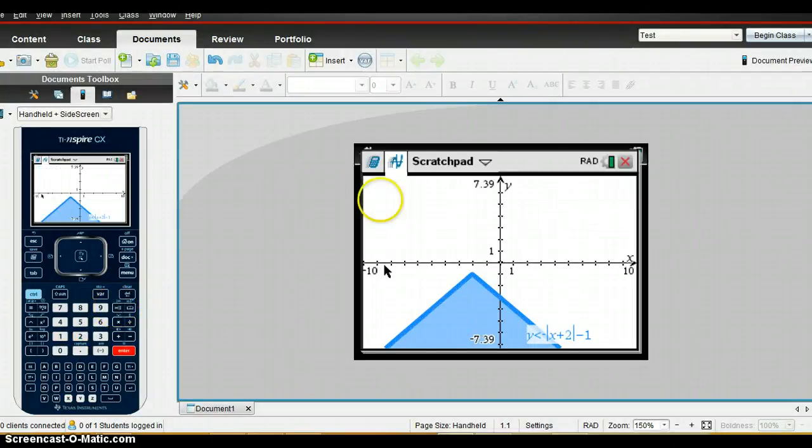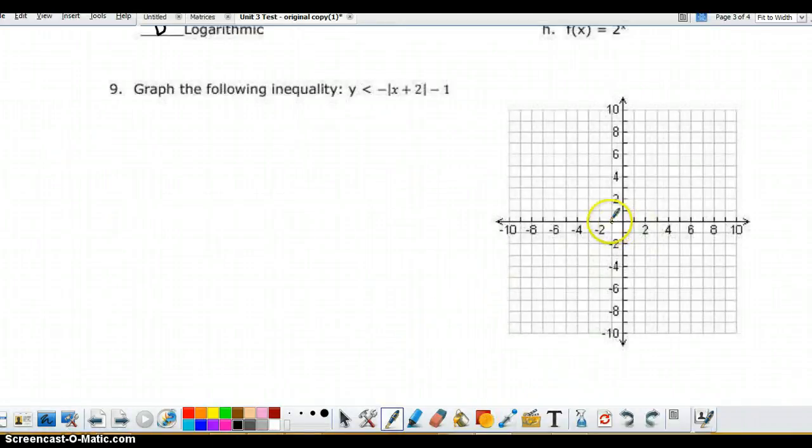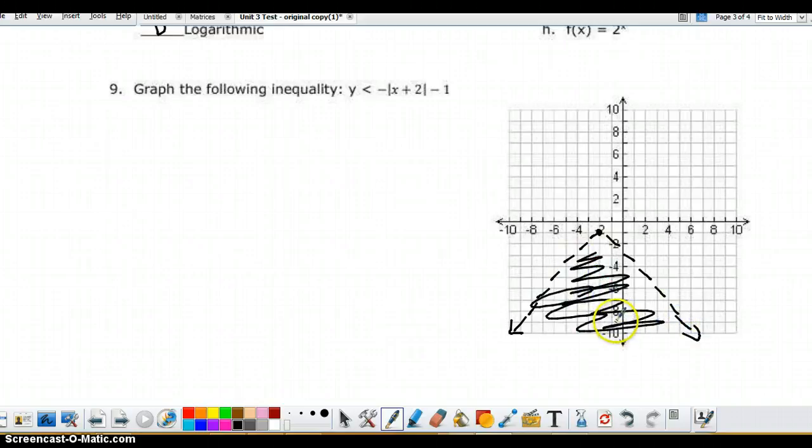So that puts us here. Now, it's dotted or dashed. This is at negative 2, negative 1. It was dashed, opening like that. Again, I didn't look to see if it was perfect. I looked to see if it was good enough, and then the shading was down here.